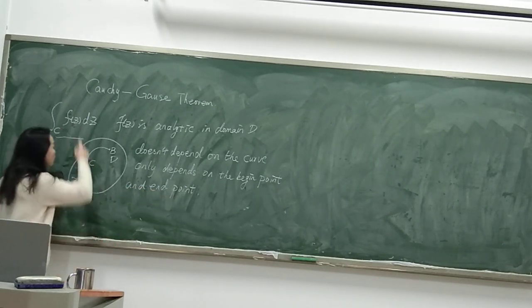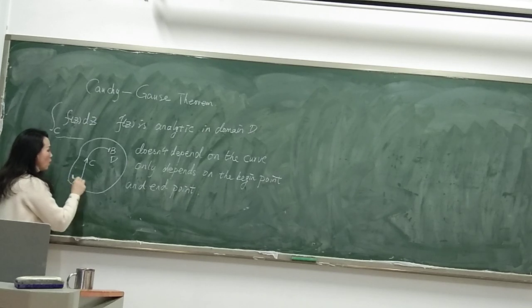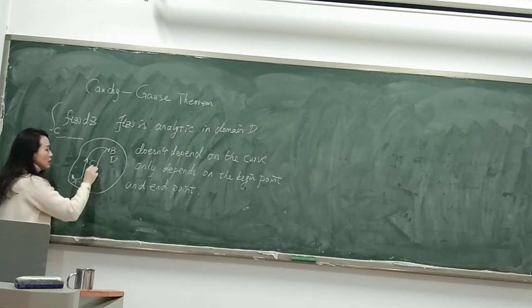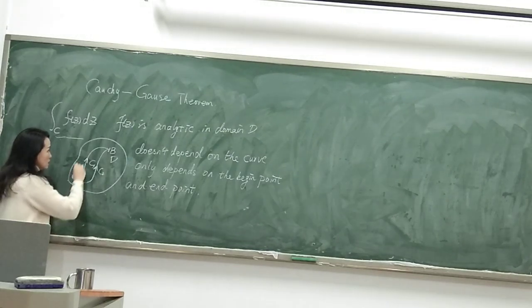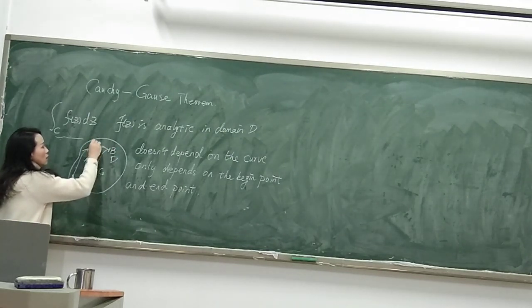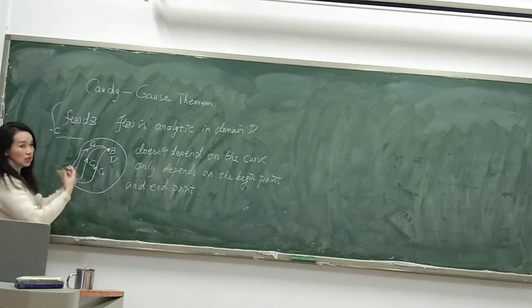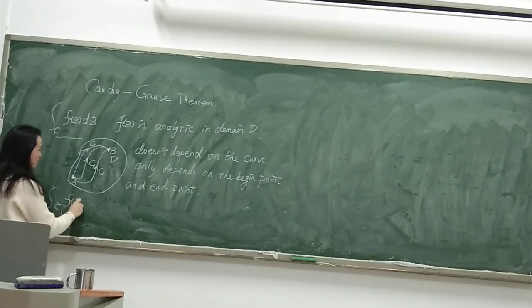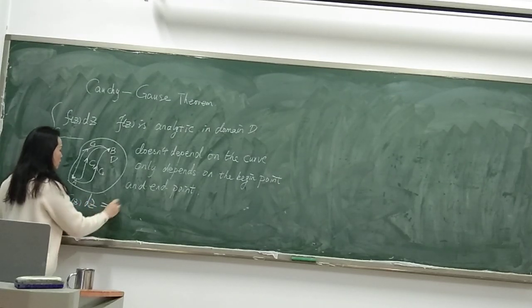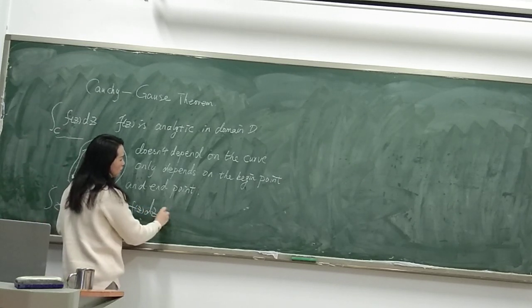So if f(z) is analytic, this is A, this is B. If you go along this C or along another curve, C1, C2, or C3, if this point and this point are the same, then the integral along C1 equals the integral along C2 equals the integral along C3.